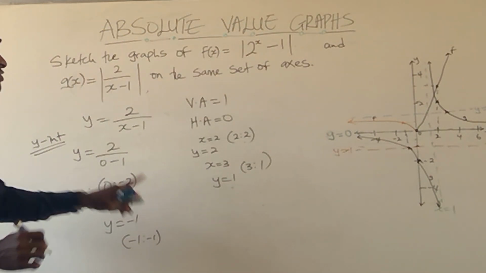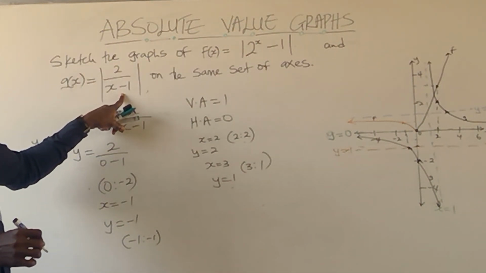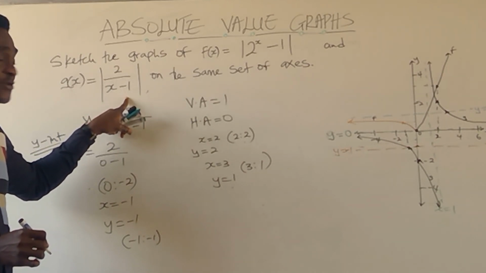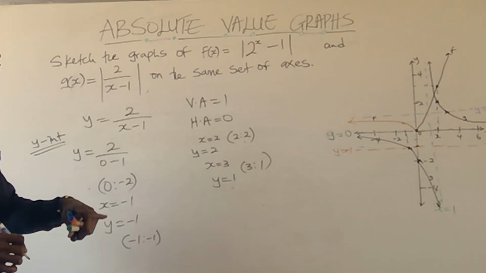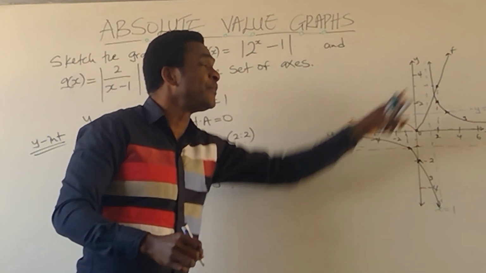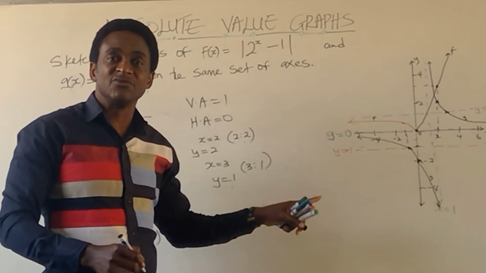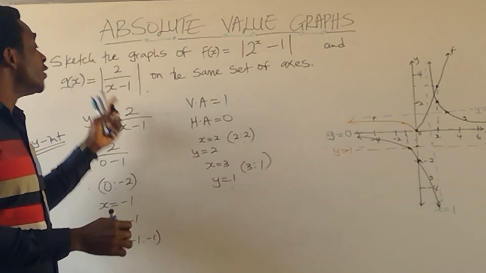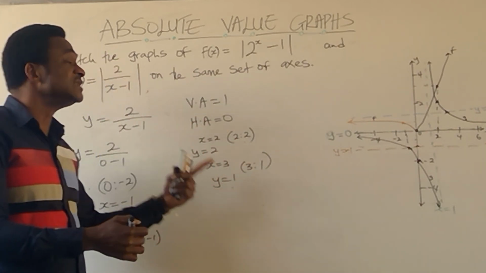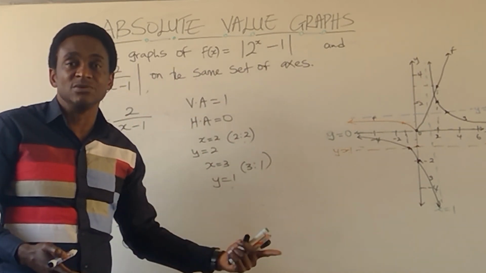But because this g falls inside an absolute bar, it is an absolute value graph. So because of that, we also reflect. We've sketched the positive, this is the positive hyperbolic graph. So we also reflect the negative part so that we can represent the negative part of the absolute bar.